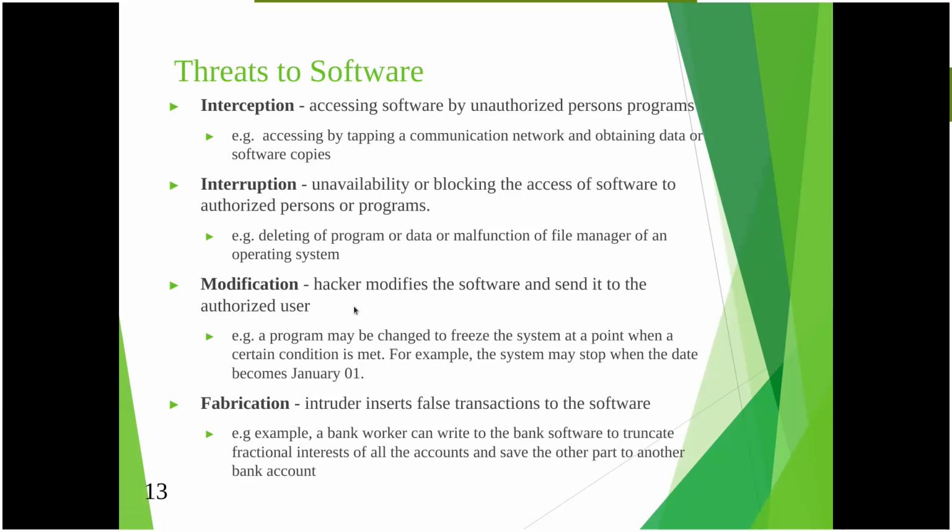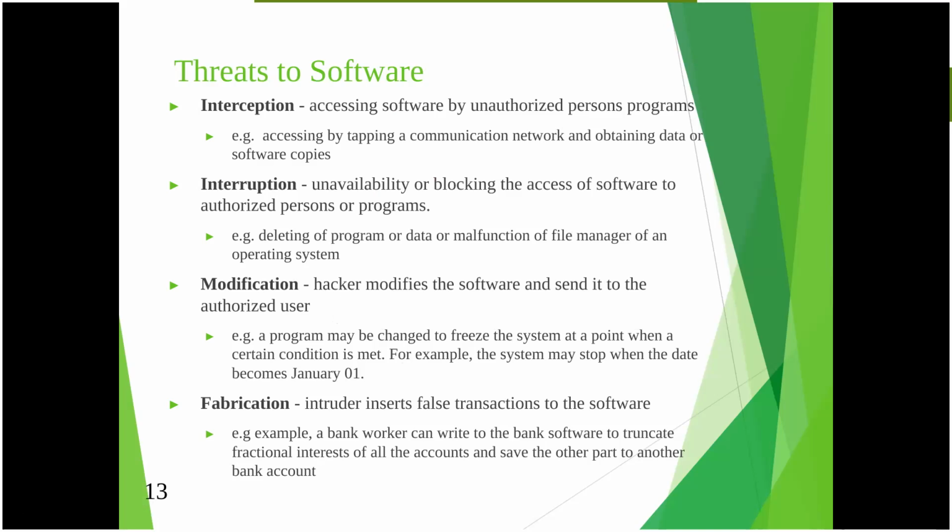Modification: the hacker modifies the software and sends it to the authorized user. In modification, the user cannot access the real software because the software is changed and different answers will be given to the user. The program may be changed to freeze the system at a point when a condition is met.